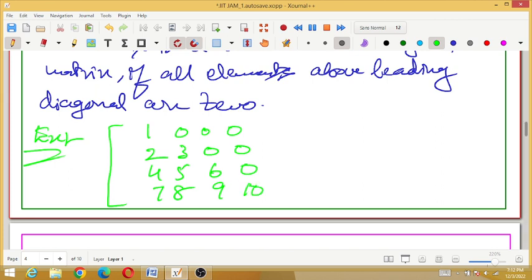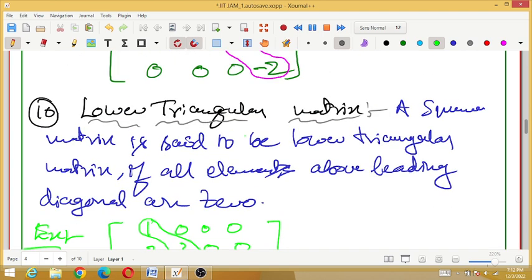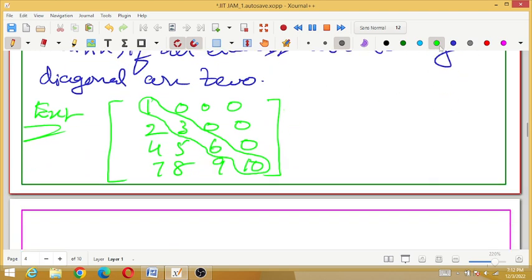See here, upper triangular matrix, lower triangular matrix. This is the principal diagonal. Above the principal diagonal elements, how are they? 0. So that's why this is a lower triangular matrix. If you understood this one, I will move on to the next one.